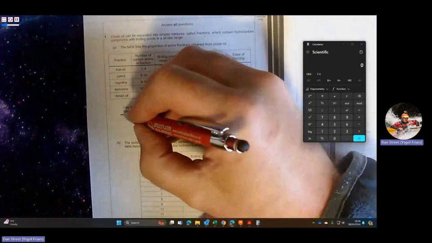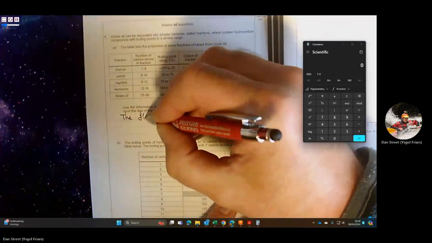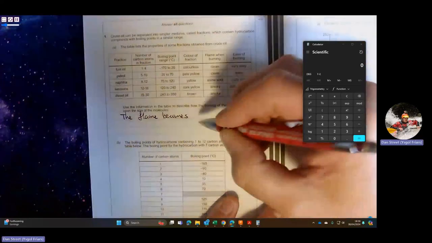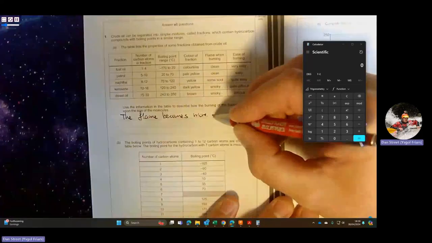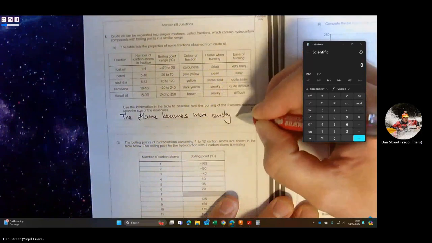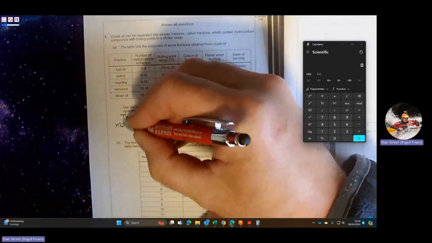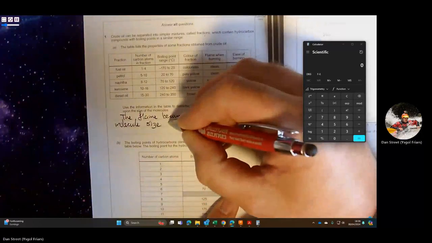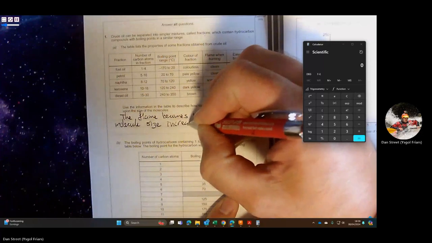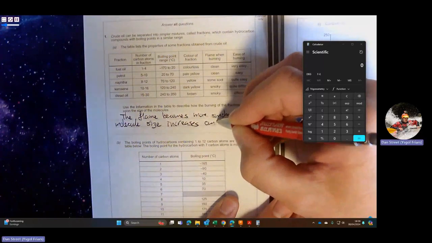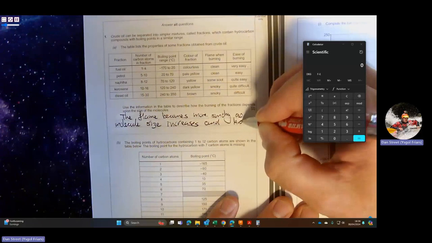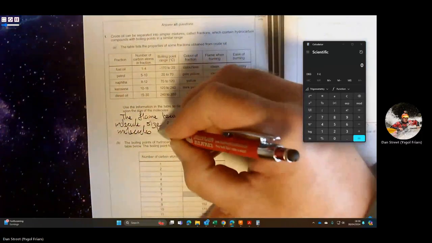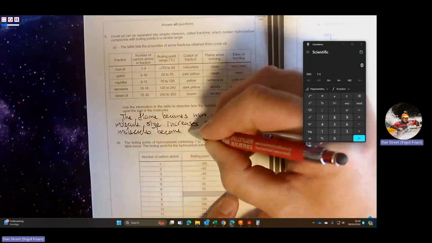So we can say that the flame becomes more smoky as molecule size increases, and larger molecules become more difficult to light.